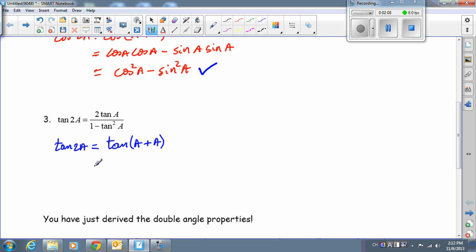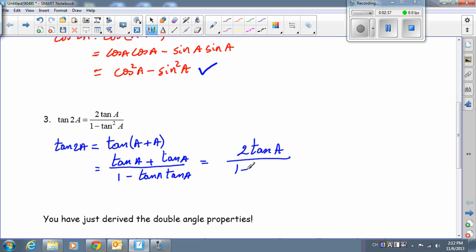Using the formula once again, this one has a fraction, that will be tangent of a plus tangent of a over 1 minus tangent a tangent a. Well, this is equal to 2 times the tangent of a over 1 minus the tangent squared of a. And once again, I reach my goal.